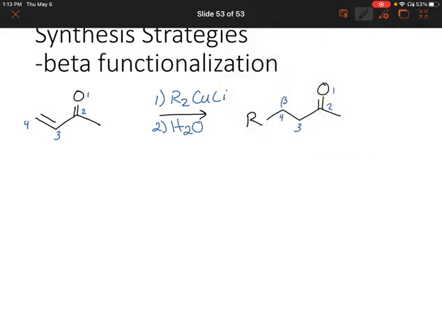Okay, now what if we want to turn an aldehyde into a beta hydroxy aldehyde? So we're essentially adding an alcohol to this beta position. How do we do that?